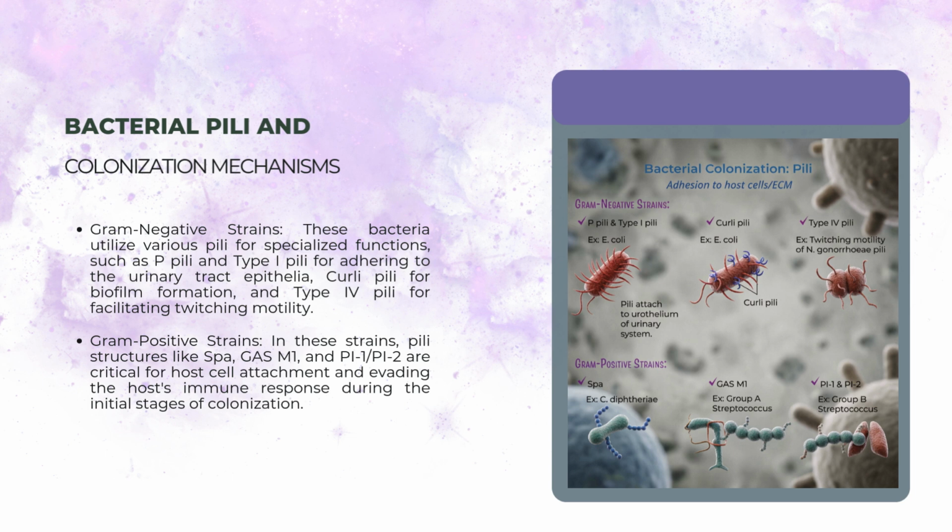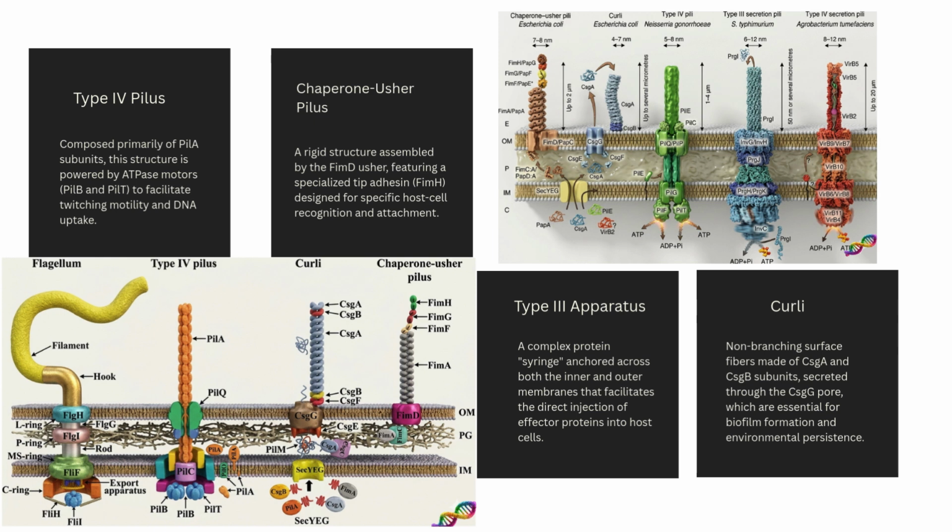Although these terms are often used interchangeably, there is a generally accepted functional distinction. Fimbriae occur in large numbers and function primarily in adhesion to host cell surfaces or substrates, whereas pili or sex pili are usually limited to 1 or 2 per cell and facilitate conjugation, the transfer of genetic material between bacteria.